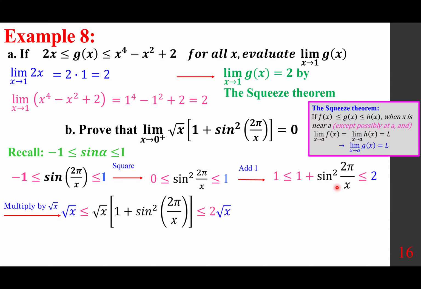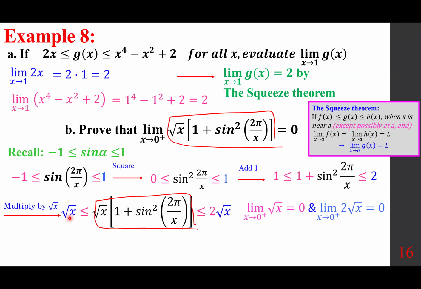And now this looks exactly like this. So you are going to go with the squeeze theorem, and you will look at the left side and the right side. As you can see, the limit of square root of x as x approaches 0 from the right, and the limit of 2 square root of x as x approaches 0 from the right is the same thing, namely 0.